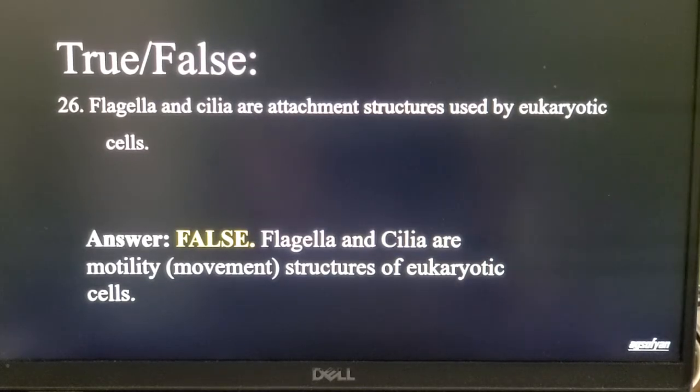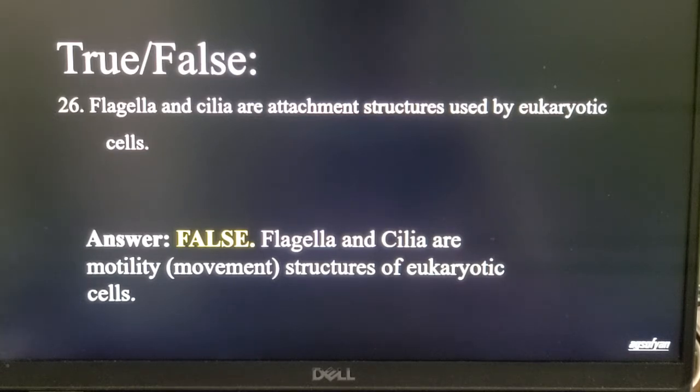We're talking about eukaryotic cells now. Remember before, we talked about prokaryotic cells. The flagella and cilia are actually motility or movement structures of eukaryotic cells.